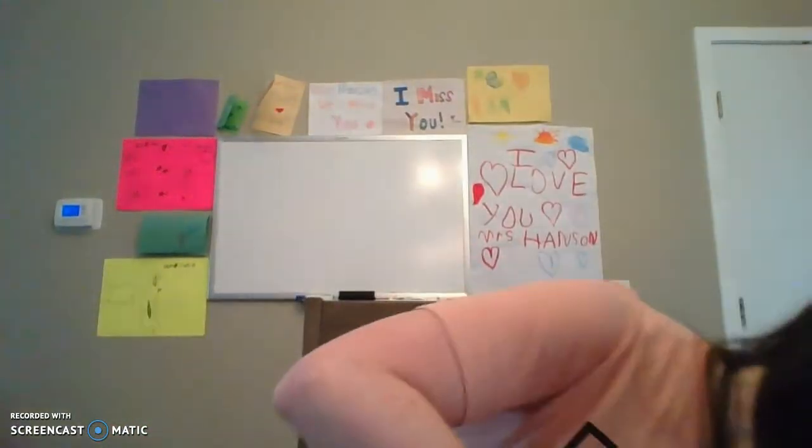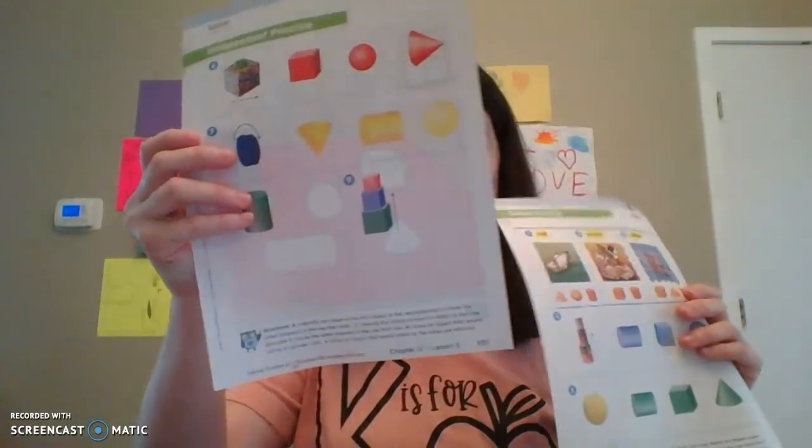Mrs. Hanson lost it. This is 706, 707, and 708. And we've been talking about four 3D shapes, right? We have our cube, our cone, our sphere, and our cylinder.